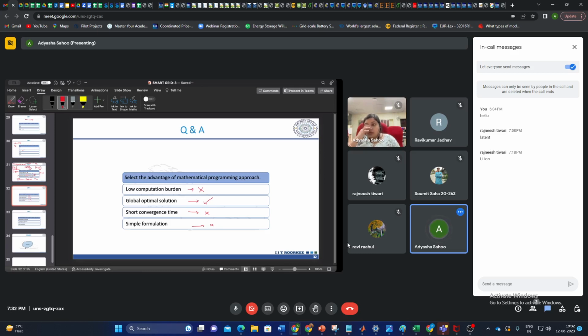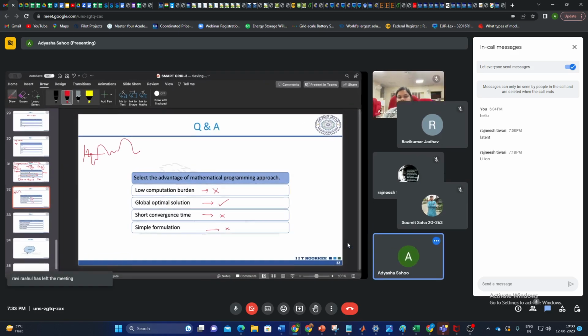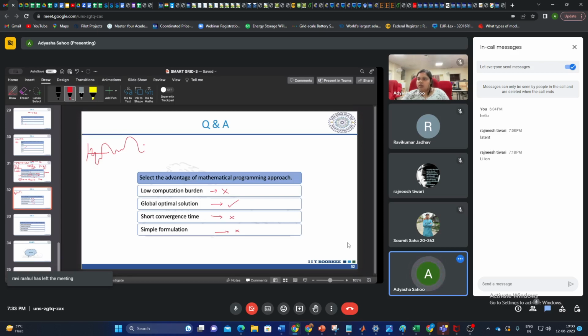So what do you mean by global optimal and local optimal? Basically, if we have a function which is highly nonlinear, as our power flow, this may be our trajectory.